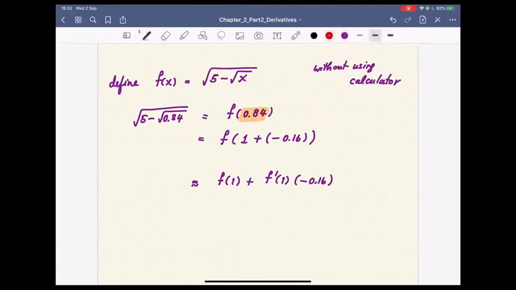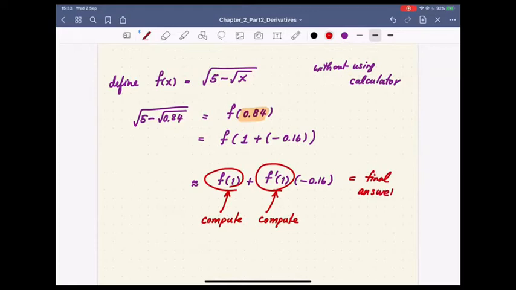Then you can compute f prime 1 and f of 1 by using calculus technique. You get these two numbers, and after that you calculate this, and that is going to be your final answer. For sure, you're going to see questions like this again and again when you review our exams or review problems before the exam. So make sure you can do this.